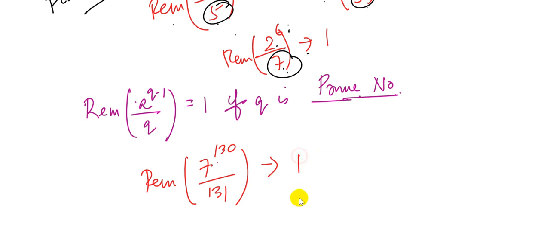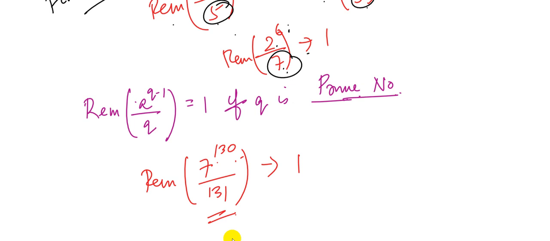The remainder would be 1, because 131 is a prime number and 130 is 1 less than this. If you apply Fermat's rule, simply the remainder is 1. But you cannot do this kind of problem easily using congruence modulo. You can, but it will take time.